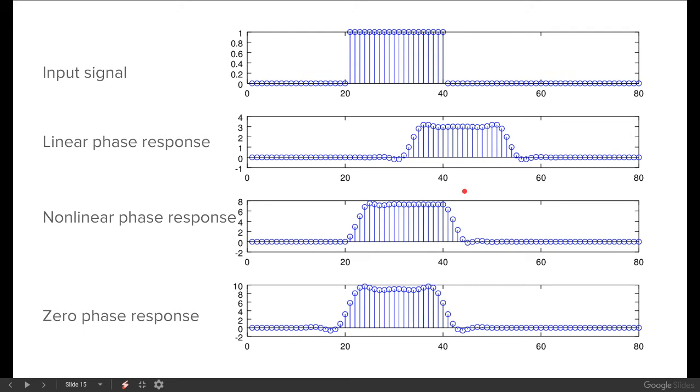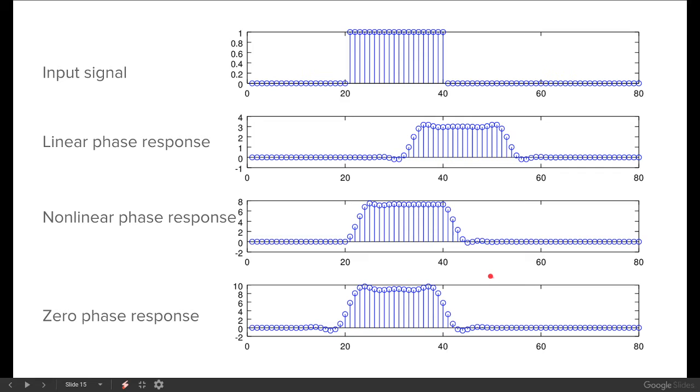So if this was this kind of pulse, you can already see that it's kind of tilting towards the end. It's not the same fundamental shape of the input signal. So basically, this linear phase response filter has the fundamental shape of the signal still there. It's just filtered.